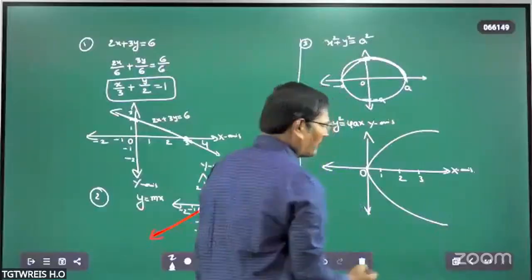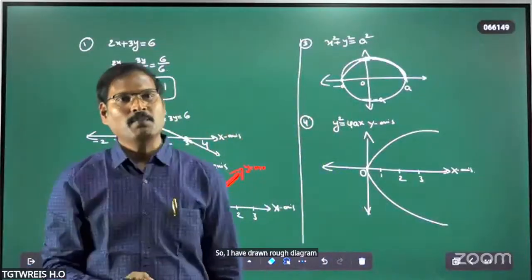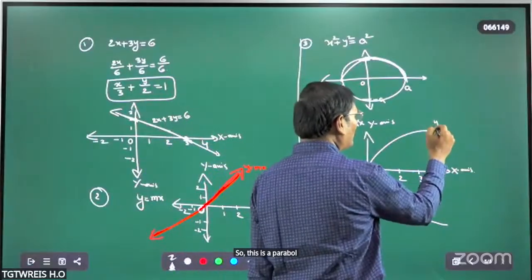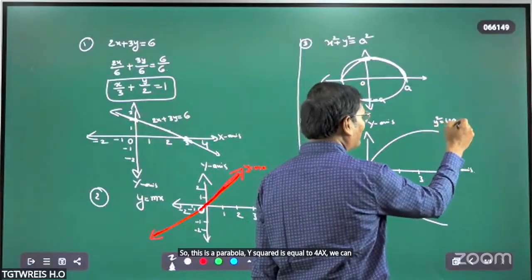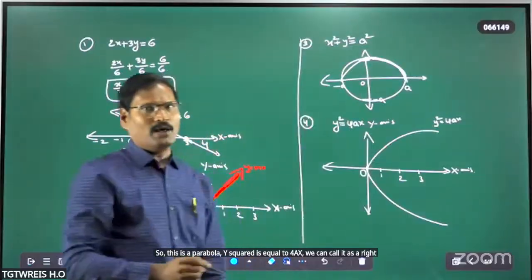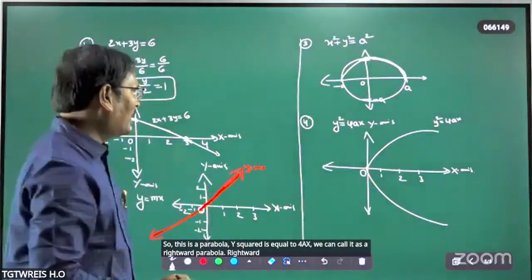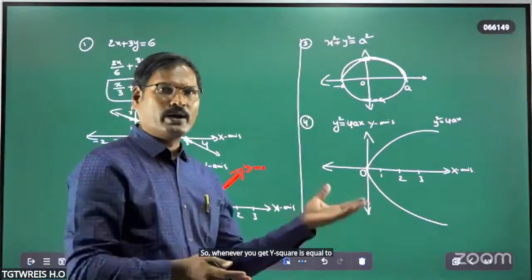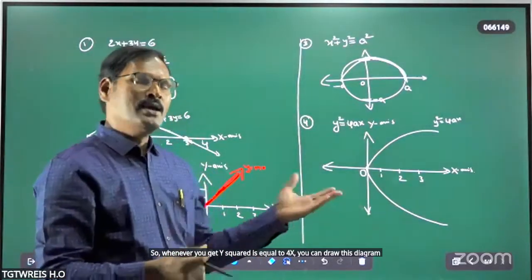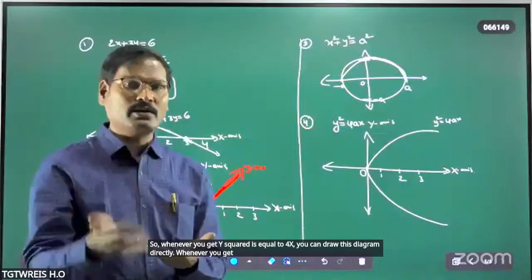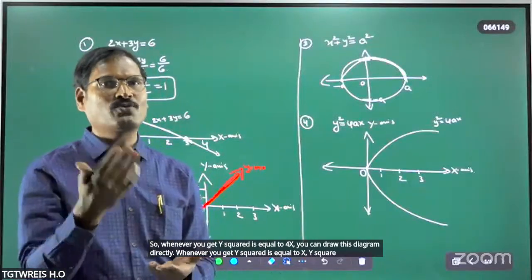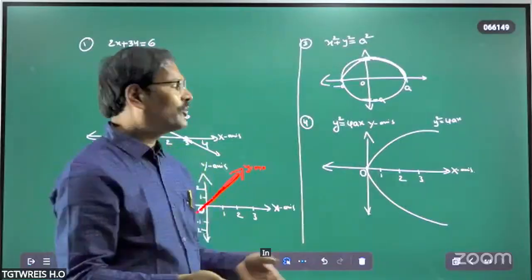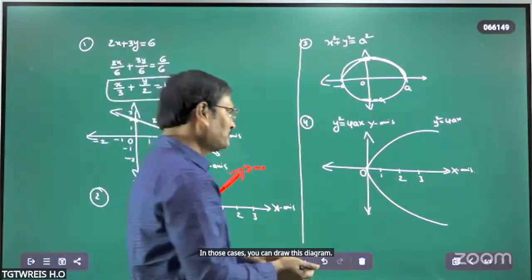So I have drawn a rough diagram of the parabola. So this is the parabola y square is equal to 4ax. We can call it a rightward parabola. So whenever you get y square is equal to 4ax, you can draw this diagram directly. Whenever you get y square equal to x, y square equal to 4x, y square equal to 8x, y square equal to 16x, in those cases, you can draw this diagram.